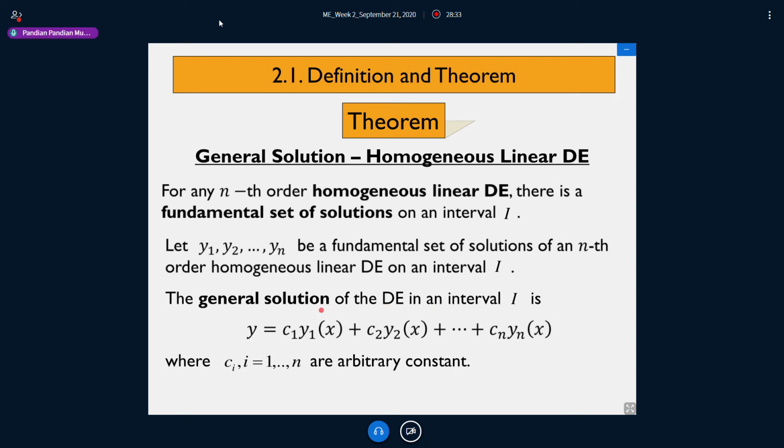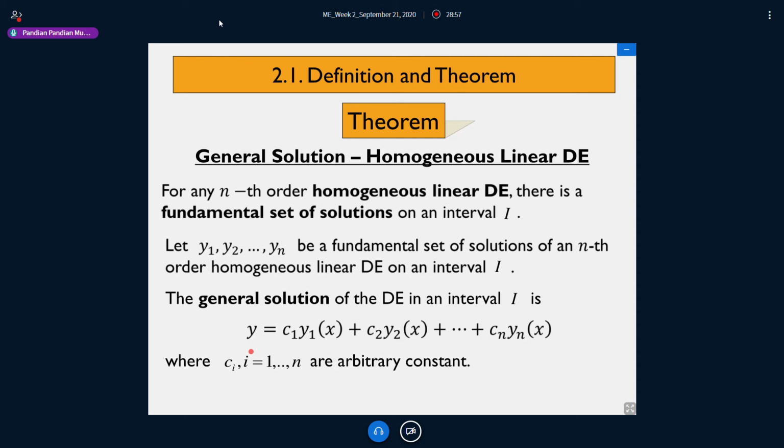So y is a combination of y1, y2 until yn. What are y1, y2, yn? It depends on the order of the differential equation. If first order, only y1. If second order, you have y1, y2, so you combine the two to make y. The final output is y.